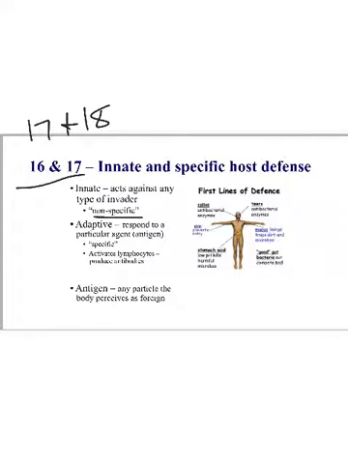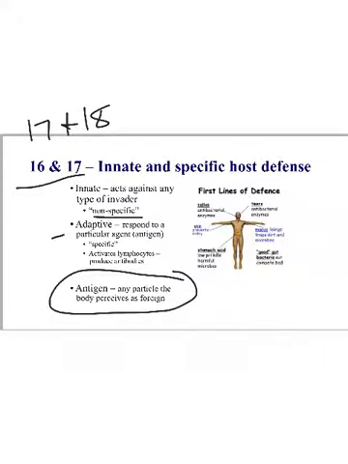It's just going to protect you against anything that's trying to get in that's not self. Then adaptive is specific, and we develop it over time, as we get exposed to different things.